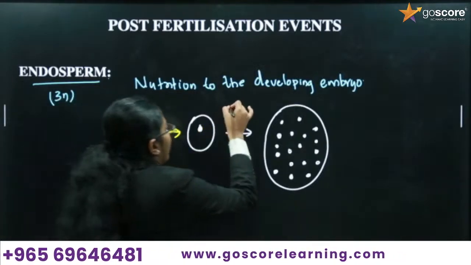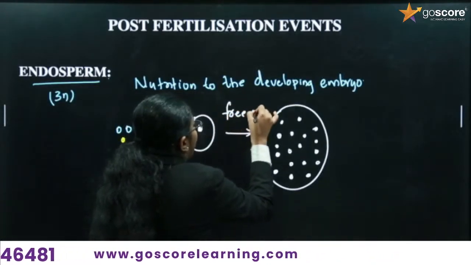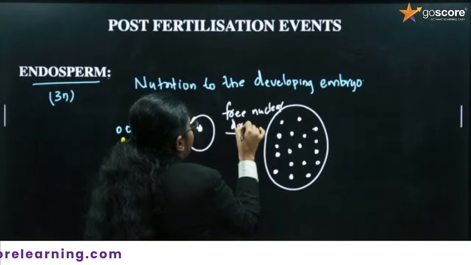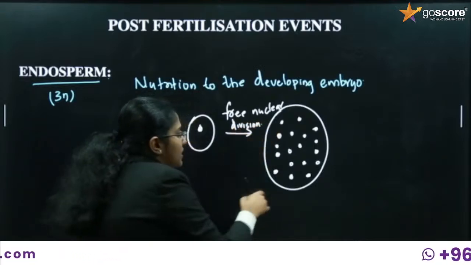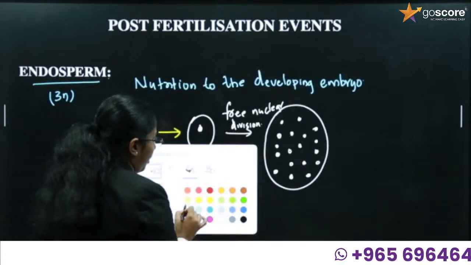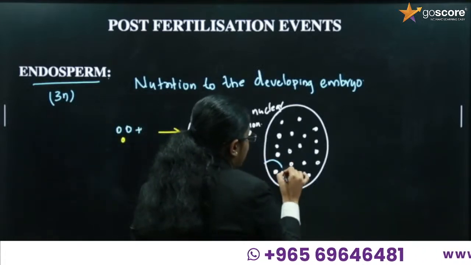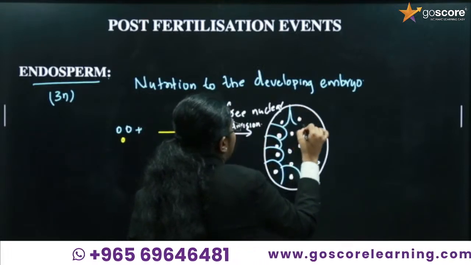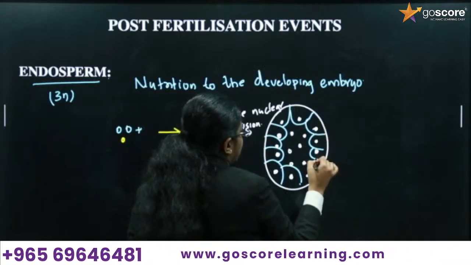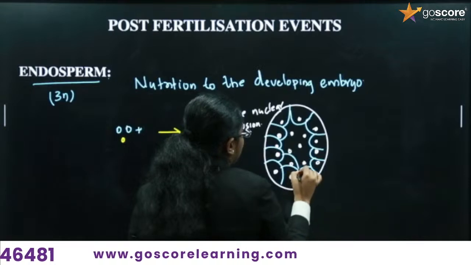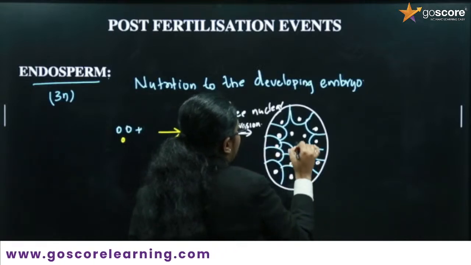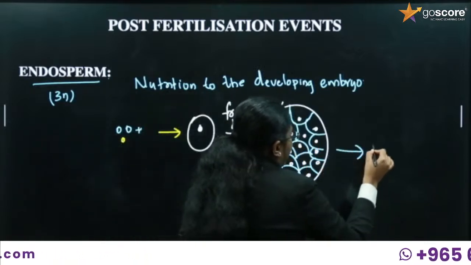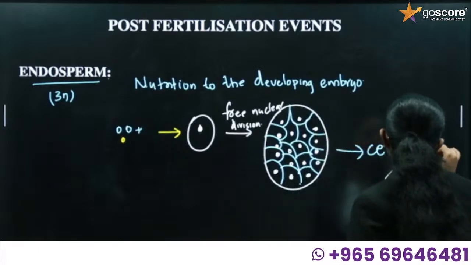So here it undergoes free nuclear division. Then after free nuclear division, the cell wall will be formed around the free nuclei.